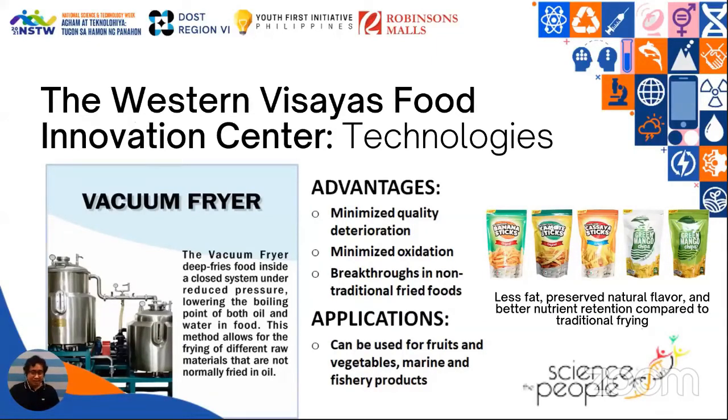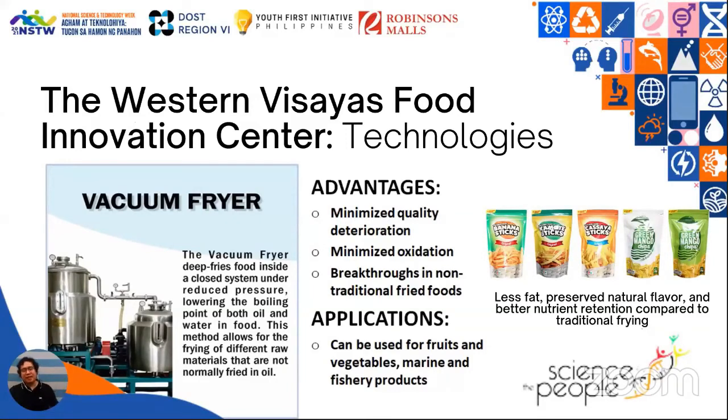But the importance of this technology is that we can fry fruits and vegetables, commodities na hindi pwedeng i-fry using traditional frying. Okay? And a very important attribute of these products is that it contains less fat or oil and the pre-preserved din yung natural flavor. And it has better nutrient retention.